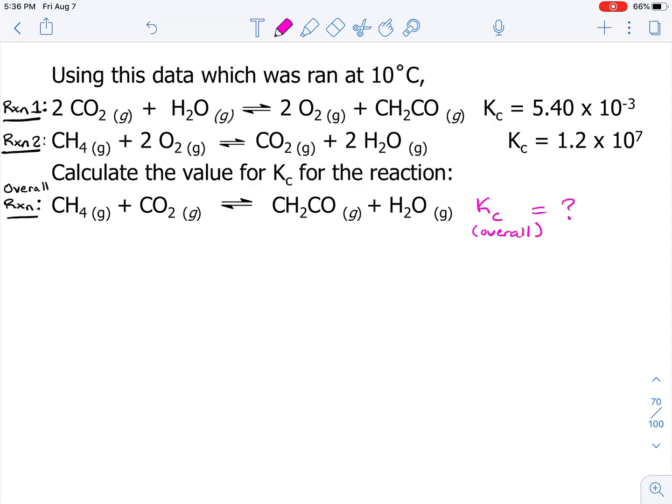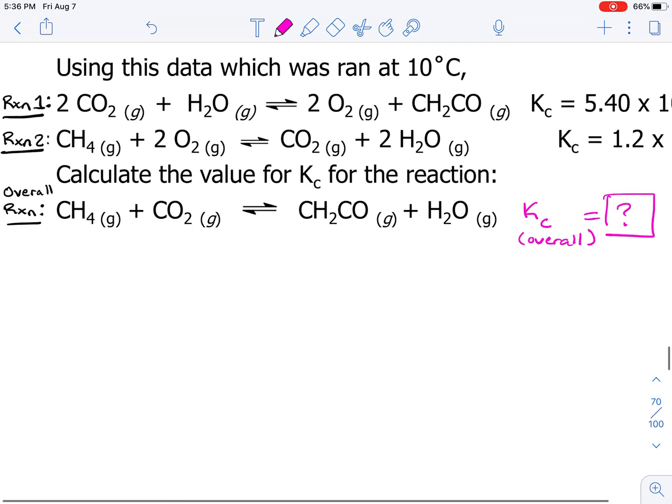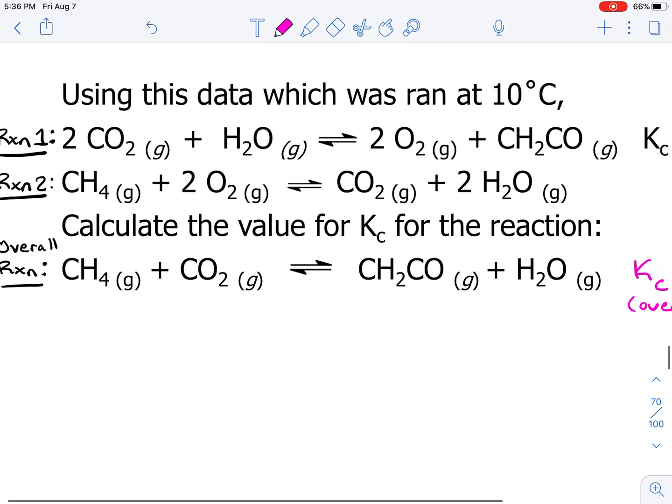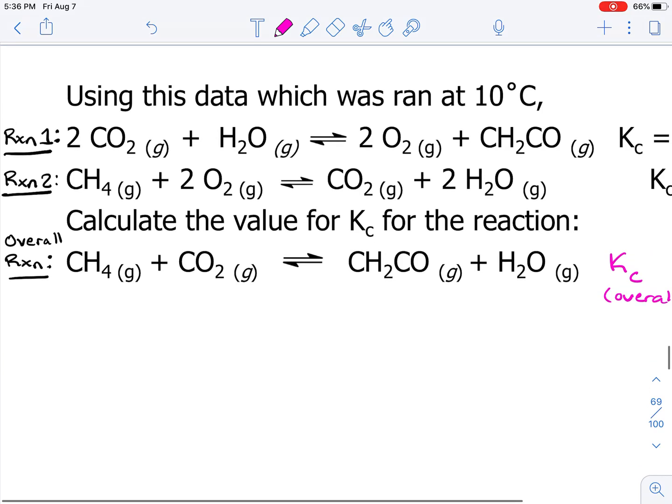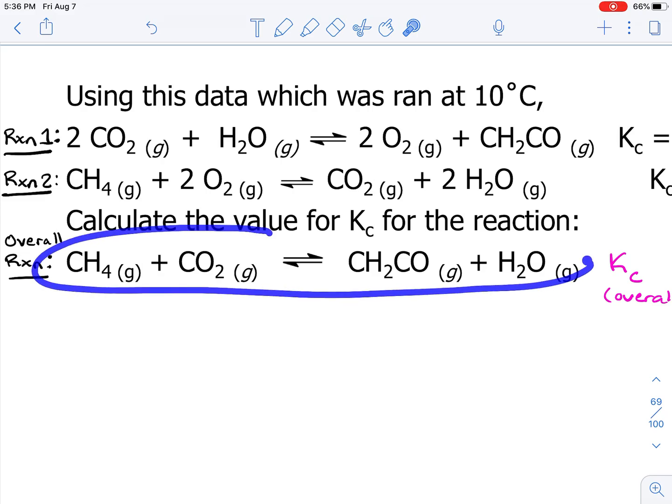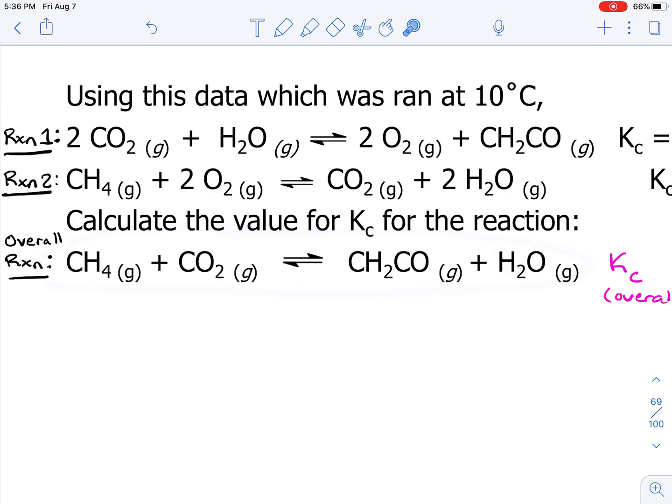So this is basically what we're searching for, the equilibrium constant for the overall reaction. To do this, how I typically do this, is I use the overall chemical reaction to help guide me in my manipulation. What do I mean by that?